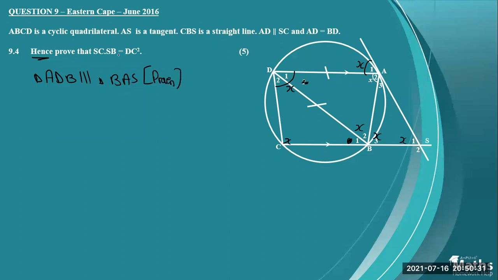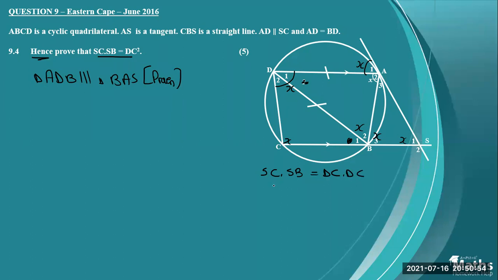Then in order to do stuff like this, I like to keep an eye on what I need to prove. I'm writing very big, so I'll write it here. SC times SB, I need to prove is equal to DC squared. So I'm going to write it as DC times DC.